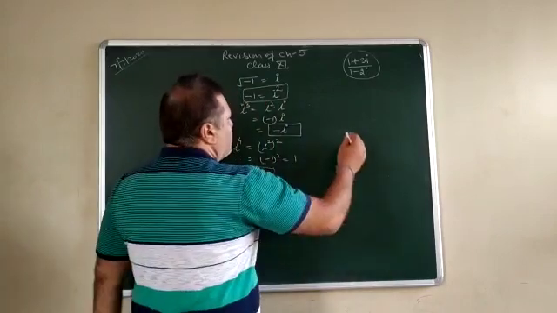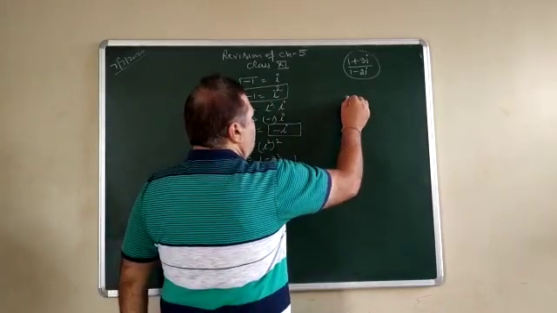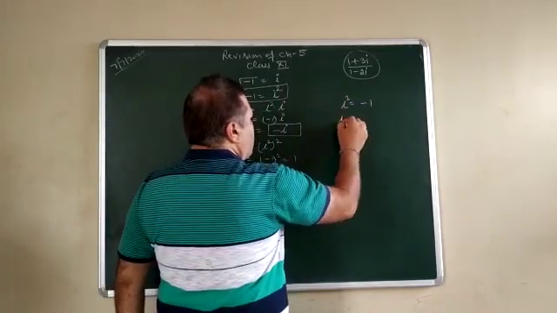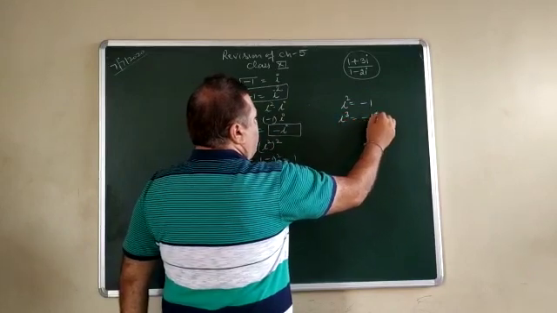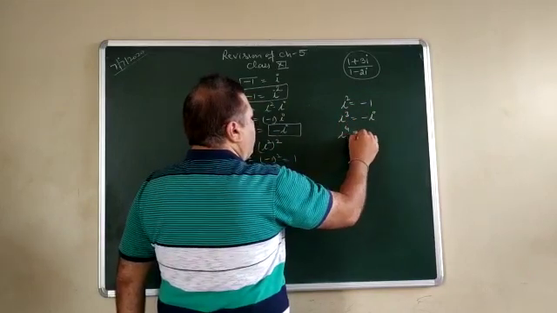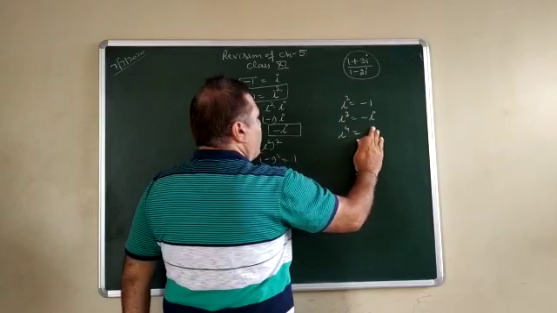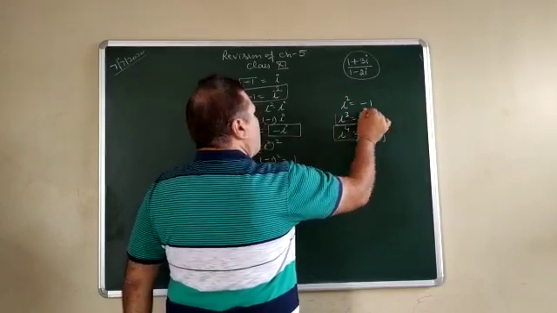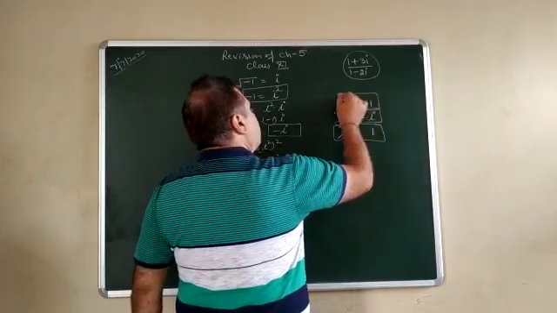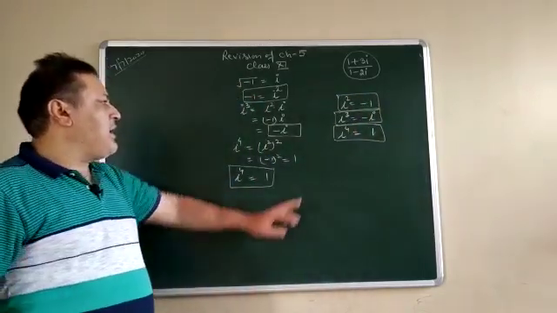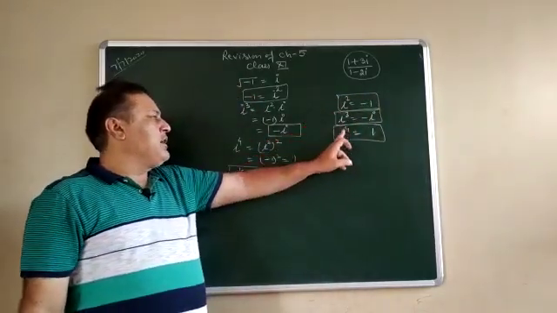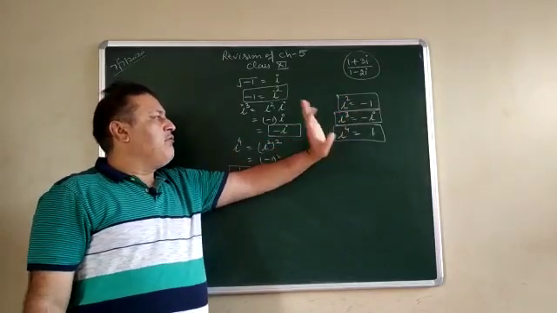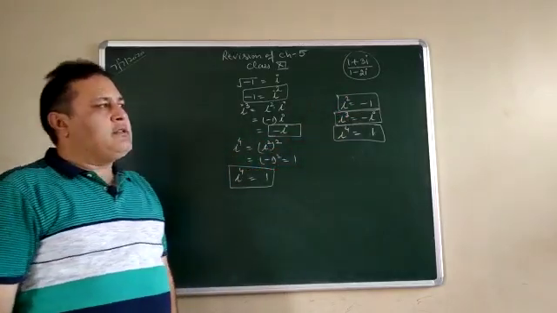So I write down the result here: iota square is minus 1, iota cube is minus iota, iota 4 is equal to 1. So whenever some conditions or values are provided, remember that every iota square, iota cube or iota 4 is replaced by its particular value. Only then can you simplify.